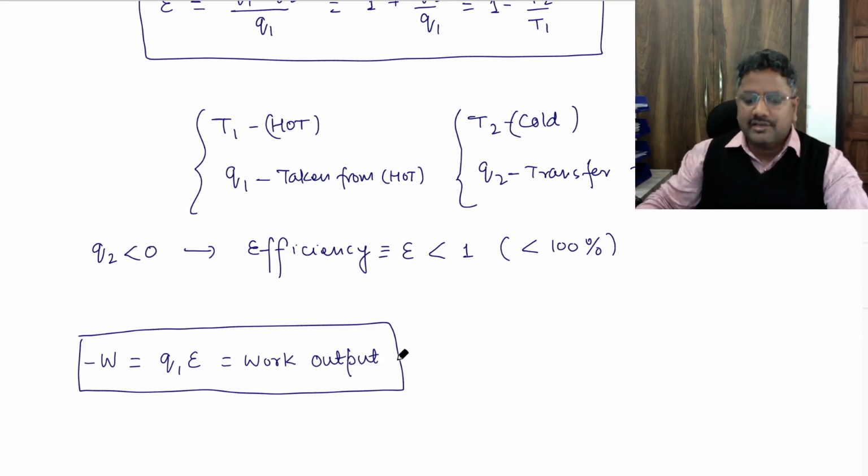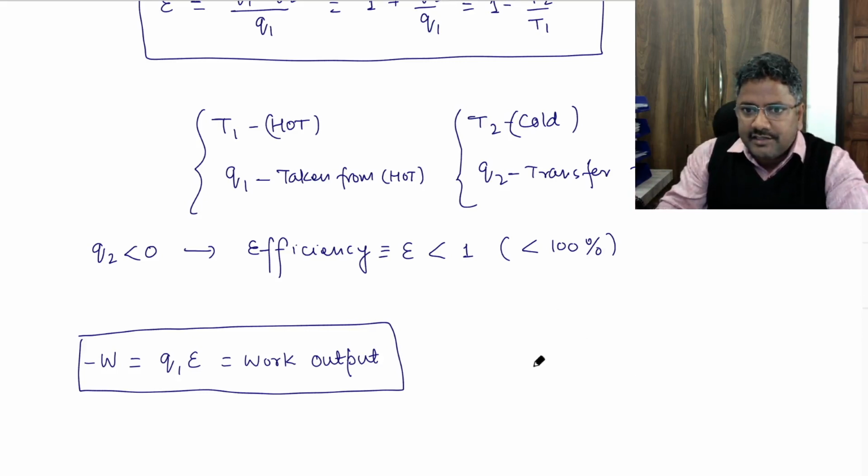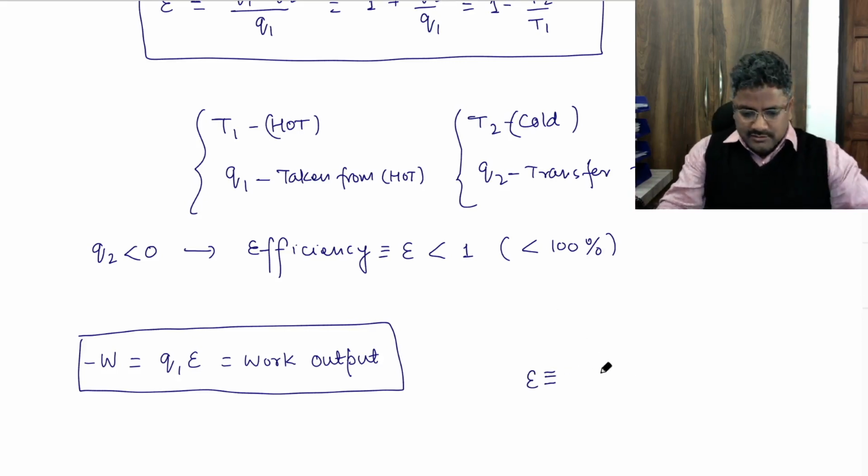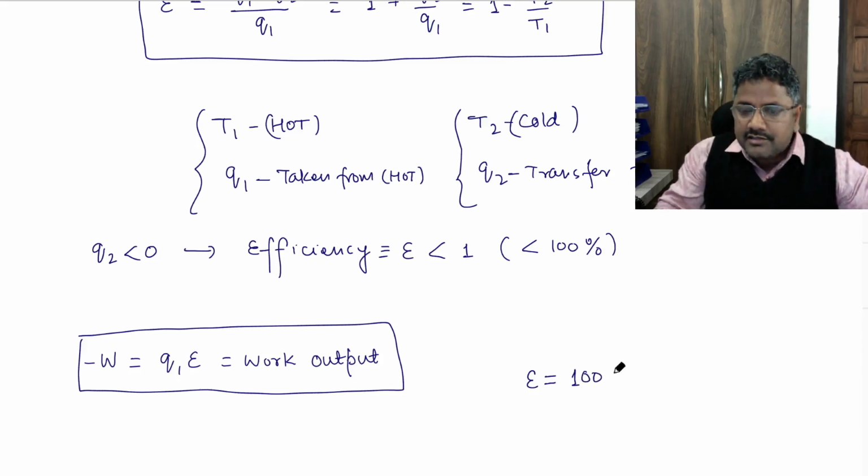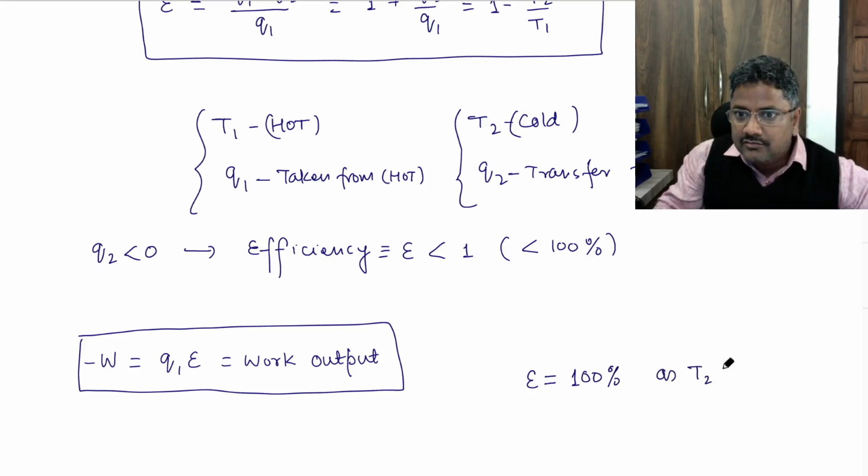So this is all about the efficiency of any heat engine. One more interpretation we can do here, that efficiency E is equal to 100% theoretically is possible, right? As T2 is close to, or T2 is equal to 0 Kelvin.